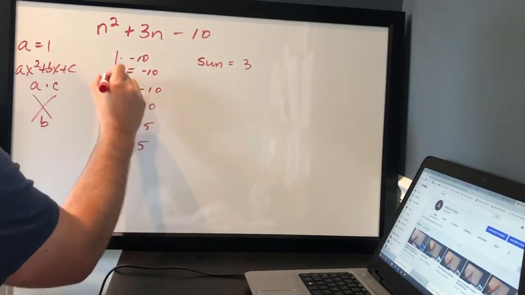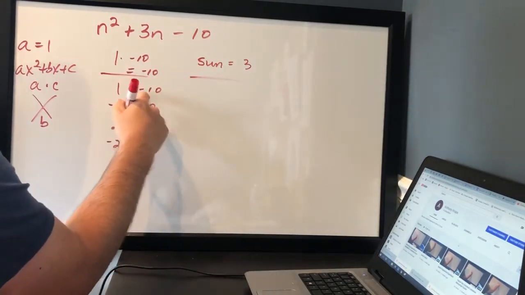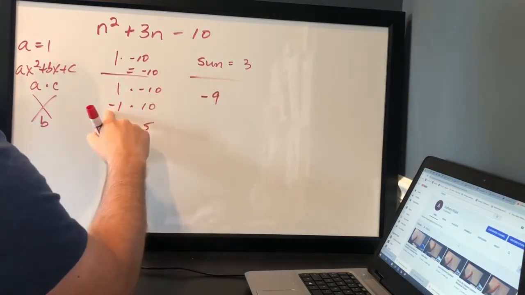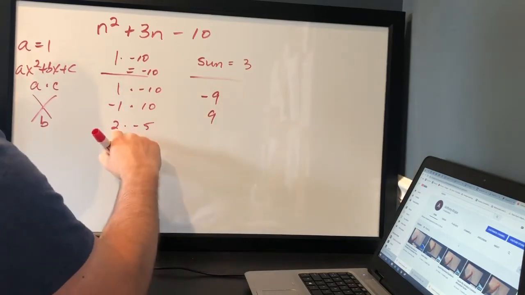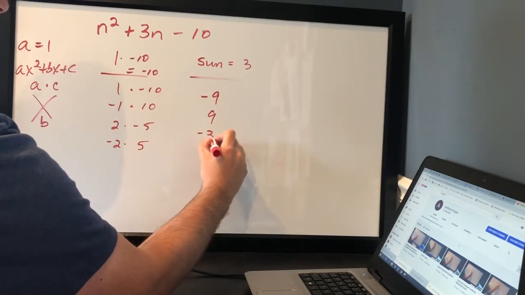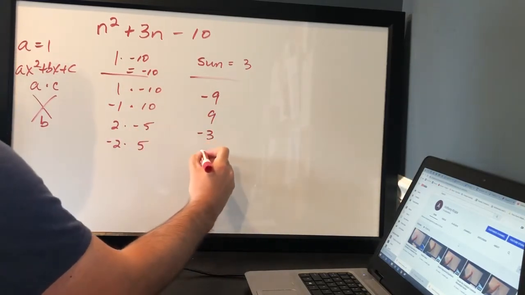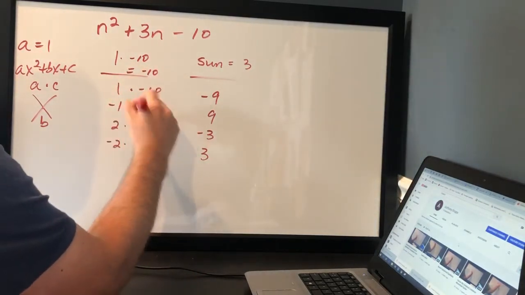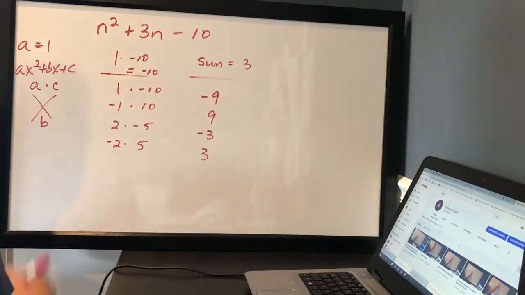If we do the sums, 1 and negative 10 is negative 9. Negative 1 and 10 is 9. 2 and negative 5 would add up to negative 3, and negative 2 and 5 would give us 3. So which two factors add up to 3?